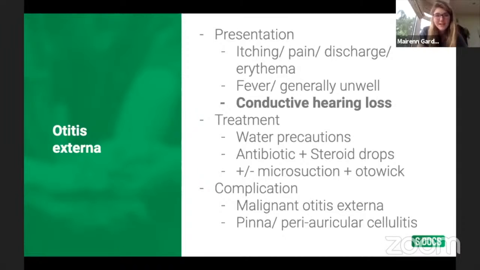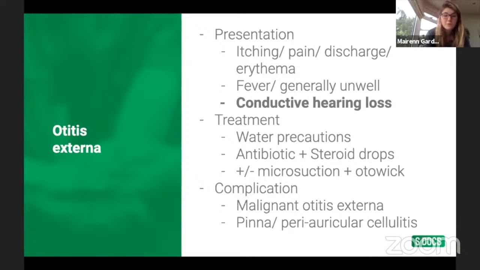Complications of otitis externa include malignant otitis externa. This is an ENT emergency and patients need to be admitted. They will be given a high dose of antibiotics for a longer period of time to ensure resolution. But it's more risky here because you risk damage to the facial nerve and also intracranial progression, so infections of the brain.